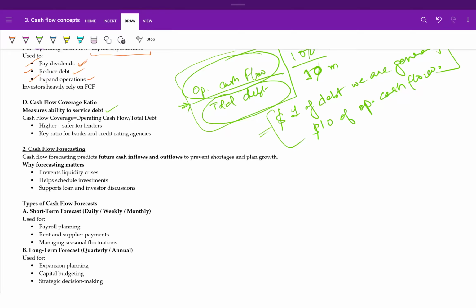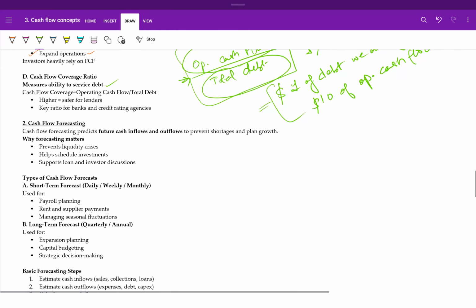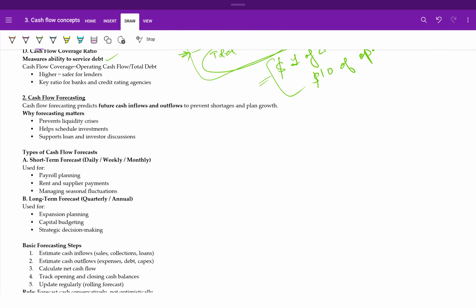We will understand the ratios, but we will apply them when we are doing a proper valuation and discussing forecasting, the health checkup of companies. Then we'll be talking about the ratios in detail. So let's talk about the cash flow forecasting ratios now.